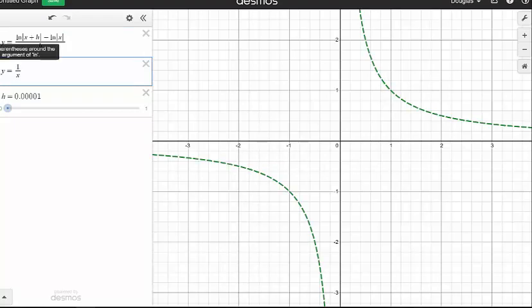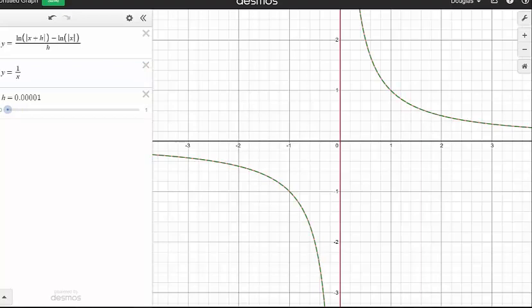Let me see. Okay, yeah, there it is. For some reason, Desmos really wants a parentheses around it, so that's what we have. But you can see that if we're taking the derivative of the natural log of the absolute value of x, well then 1 over x covers the whole gamut. So there you go.